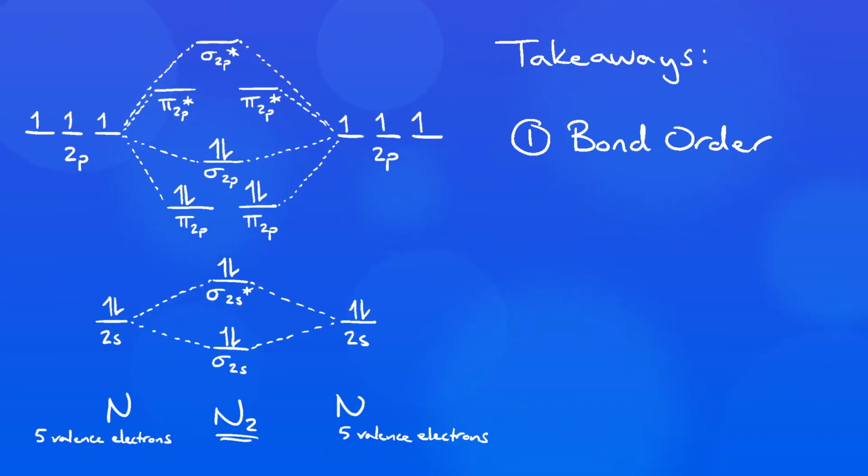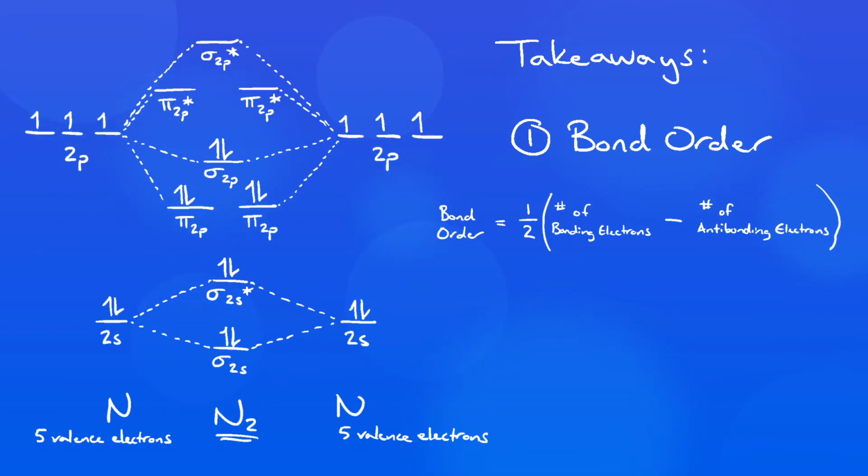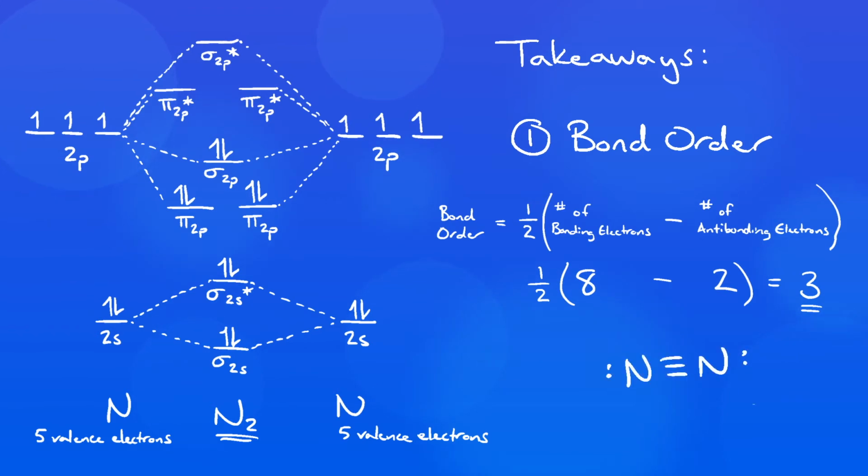So bonding electrons contribute to the strength and stability of the bond, while antibonding electrons take away from that stability. Using these ideas, we can write a simple formula for bond order and calculate the answer by adding up the number of bonding and antibonding electrons that we see in the diagram. For our nitrogen molecule, the answer comes out to be 3. So incidentally, this agrees with the triple bond that we find in our Lewis structure representation of N2.